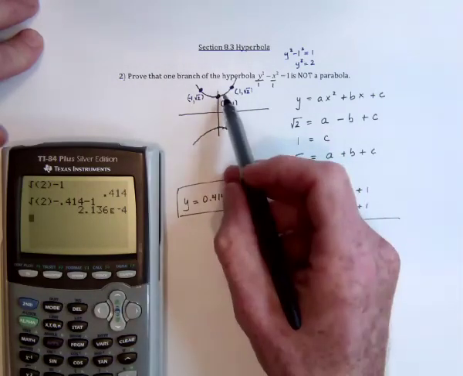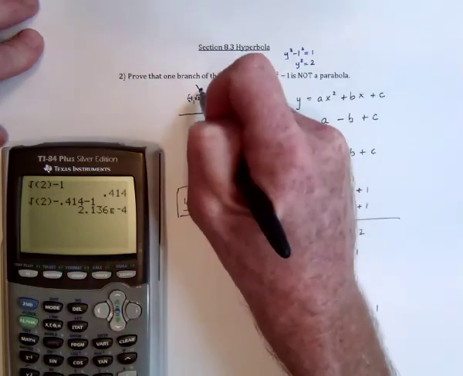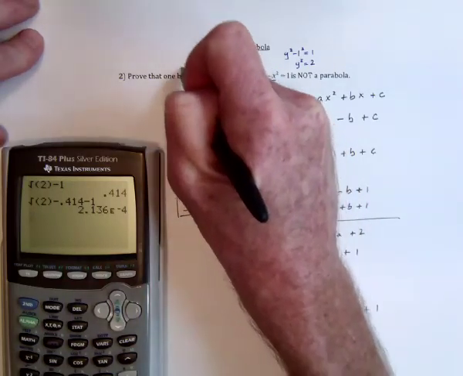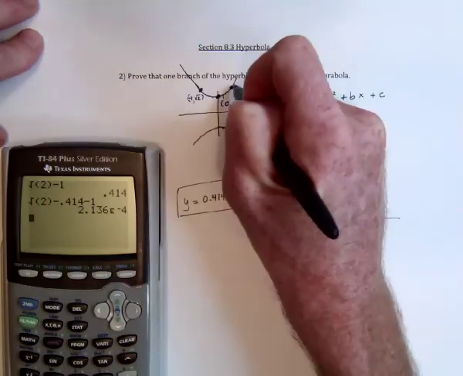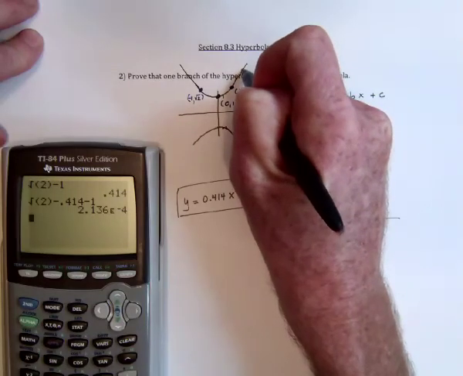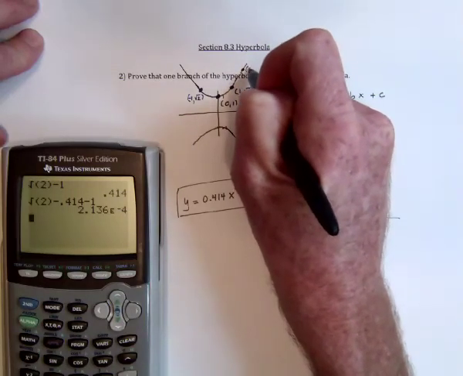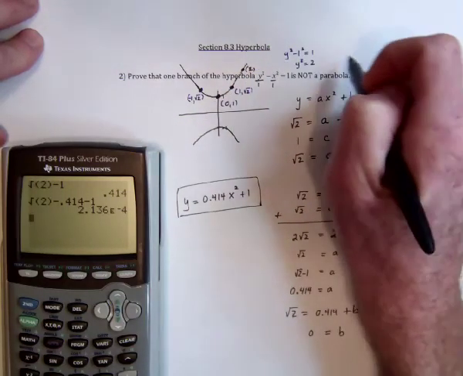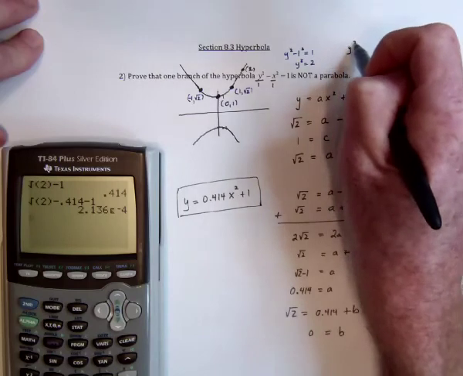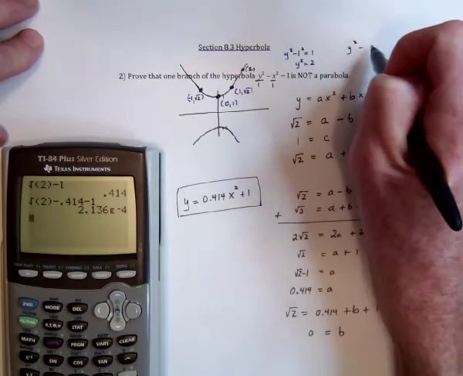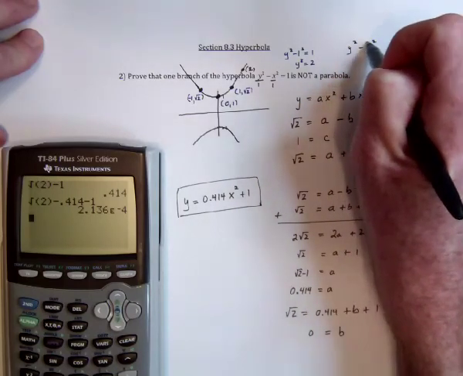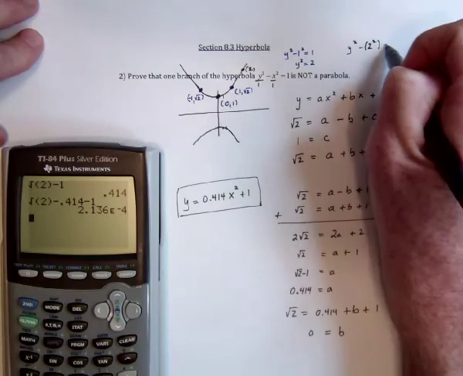Well, just pick one more point that's on the hyperbola. So let's say we go out farther to where x is equal to 2. Then we would have y squared minus 2 squared equals 1.